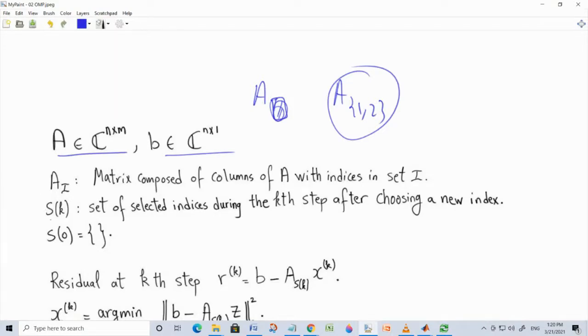Then S of k, I will define as the set of selected indices during the kth step after choosing a new index. We choose a new index in each iteration as you have written in your codes, and we will start with an empty set.